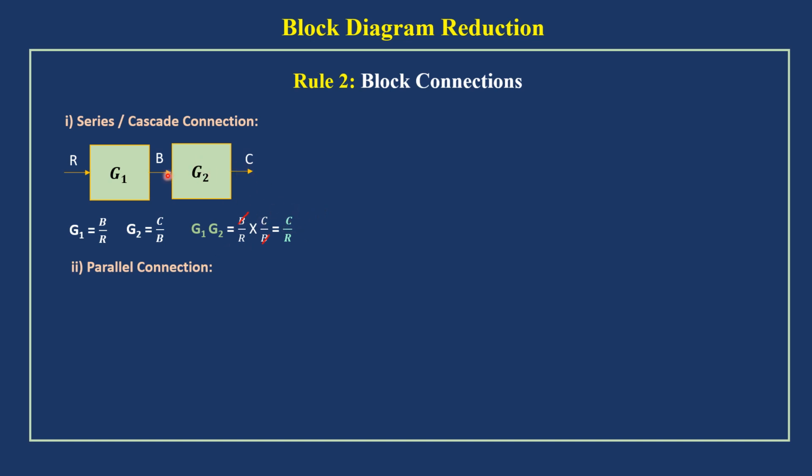So for the cascade connection system, C by R equals the product of gains. So it will be reduced to a single block like this, the product of system gains G1, G2.